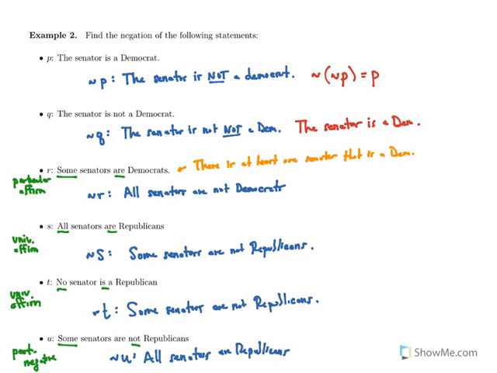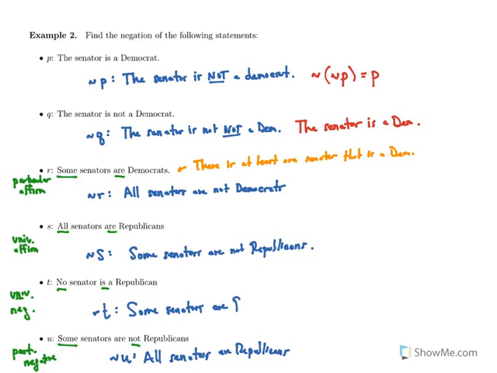And I realized I made a mistake on T as well. Let me redo that. This is a negation because of the no. So this is a universal negative. And therefore we should have that the opposite of no senator is Republican is that some senators are Republicans.